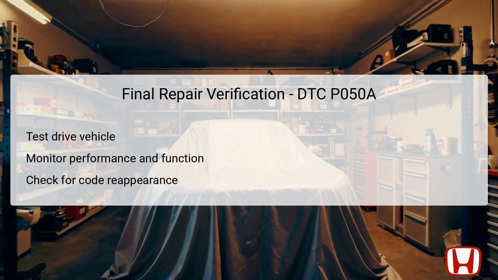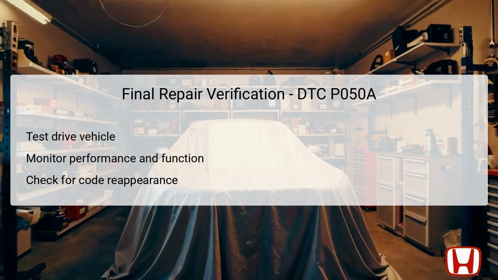After completing all the necessary repairs for DTC P050A, performing a test drive is crucial to ensure that the vehicle operates normally. Monitoring the engine's performance under different driving conditions will confirm whether the repairs effectively resolve the issues.